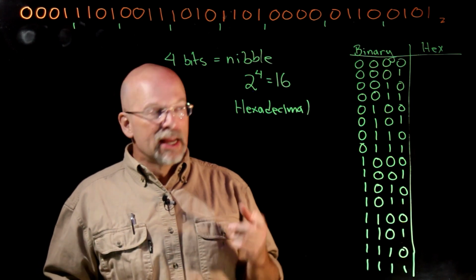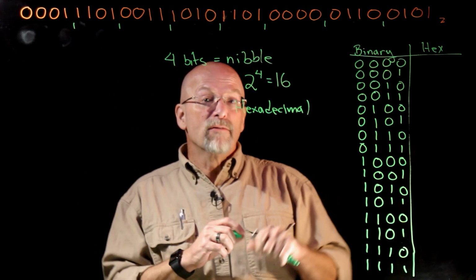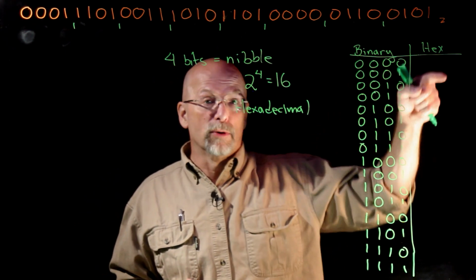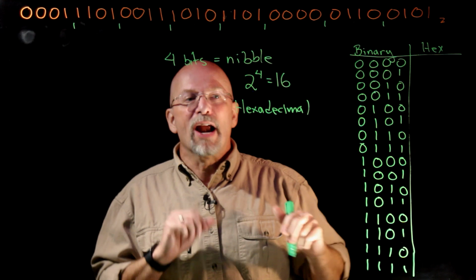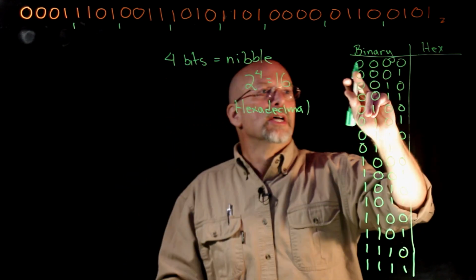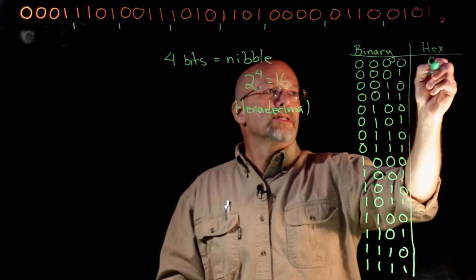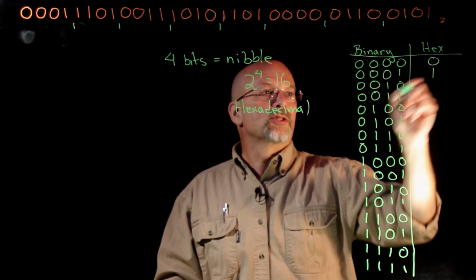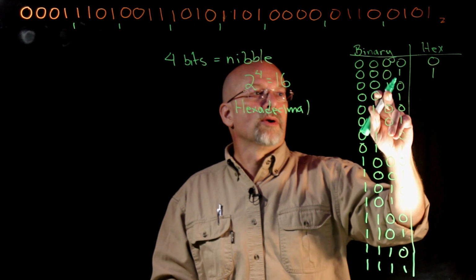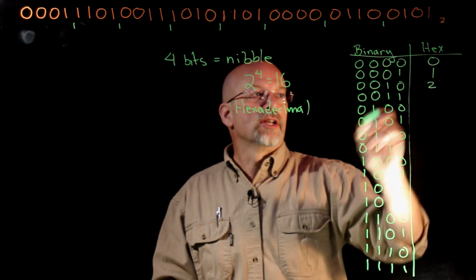All right? Now, turns out that if we convert each one of these nibbles to decimal, at least for the first 10 digits, we'll get our hexadecimal equivalent. So 0, 0, 0, 0 is a decimal 0. And then we have 0, 0, 0, 1, that's 1. 0, 0, 1, 0, that has a 1 in the 2's position and nowhere else.